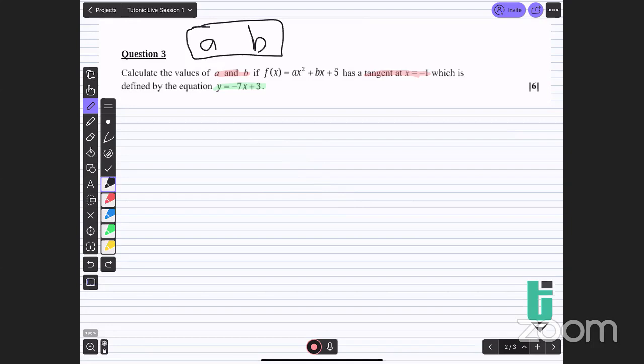So how can we apply that concept to this question? What does that mean for this question? One second. Read the question again. Calculate the values of A and B.